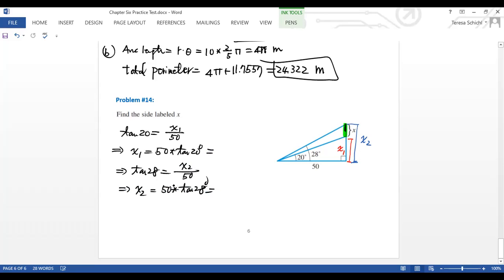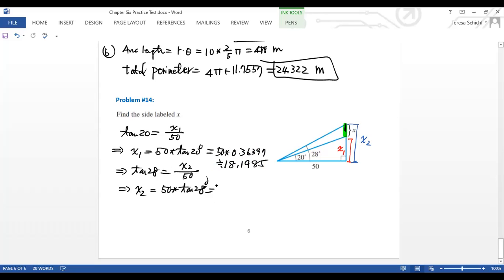Now let's put in the tangent of 20 degrees. This is 50 times 0.36397, which is approximately 18.1985.